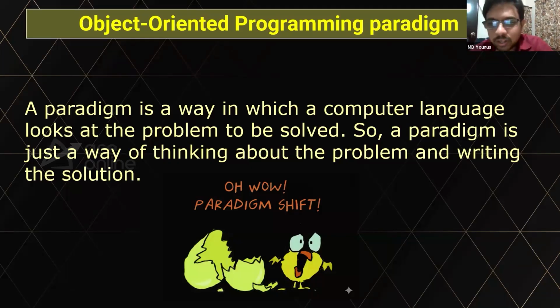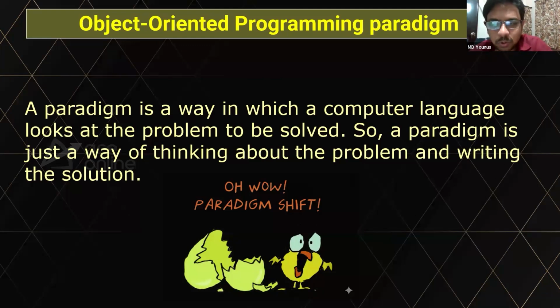That way, object-oriented programming became very successful with C++. Then languages like Java, Smalltalk, JavaScript, C Sharp started implementing this object-oriented paradigm. So this is how the object-oriented paradigm got started.